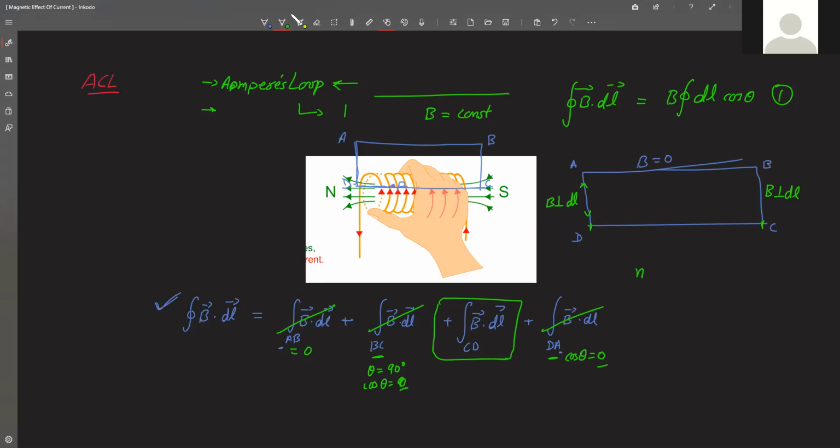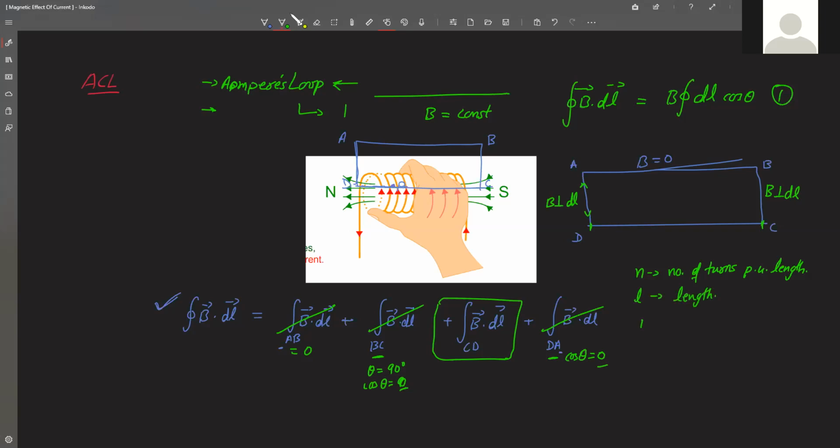This small n is the number of turns per unit length, right? And suppose L is the length of the solenoid.